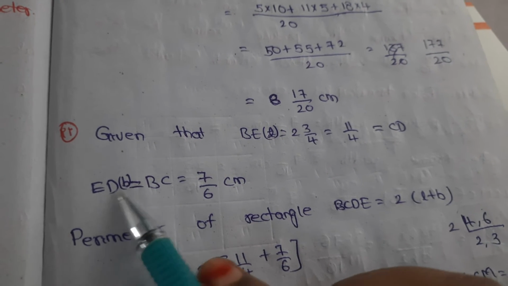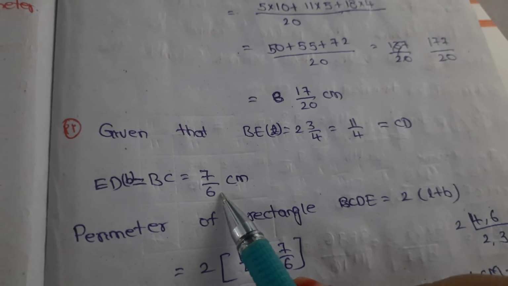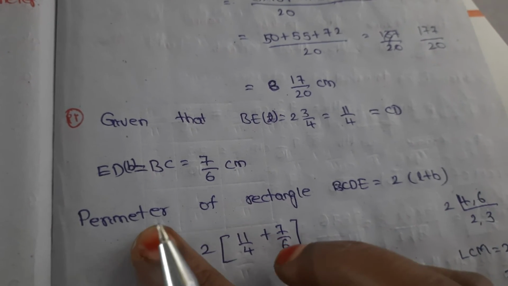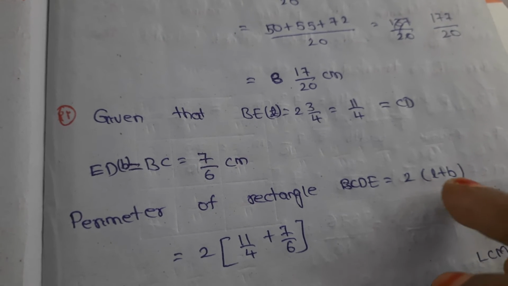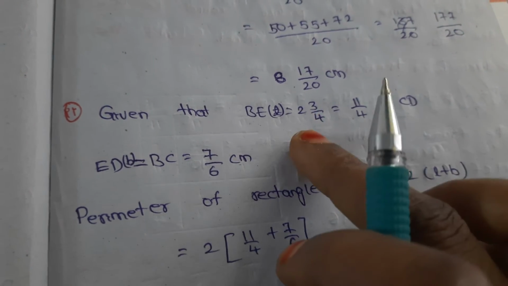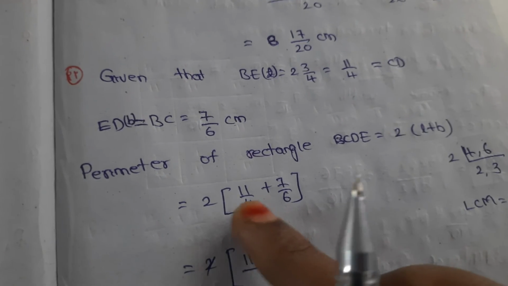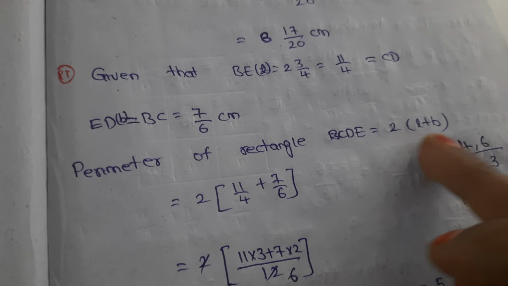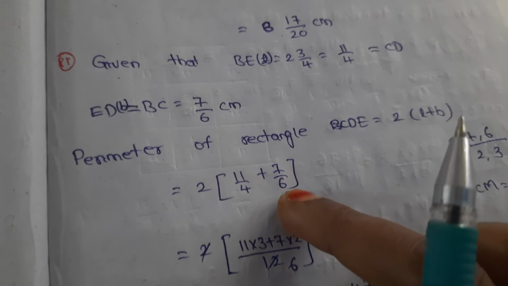And ED is equal to BC is equal to 7 by 6. Next, we all know that the perimeter of a rectangle formula is nothing but 2 into length plus breadth. Here, length is nothing but 2, 3 by 4 and breadth is nothing but 7 by 6. Substituting given values in this formula, we get 2 into 11 by 4 plus 7 by 6.